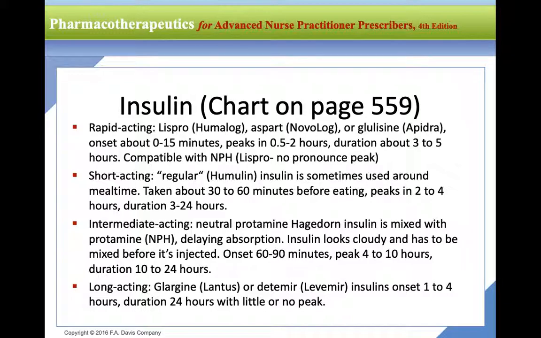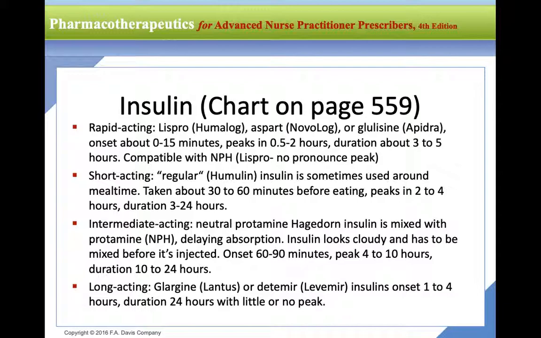It's made by the same company, but they have a contract for it. It's $20 a vial versus $100 for the other insulins. And that's a common method. I mean, there's nothing wrong with using regular and NPH as your basal bolus insulin.